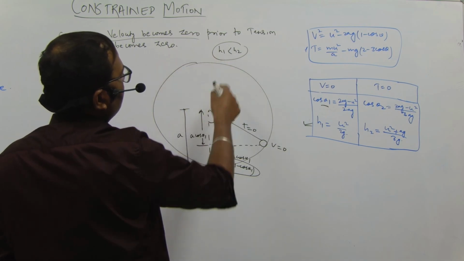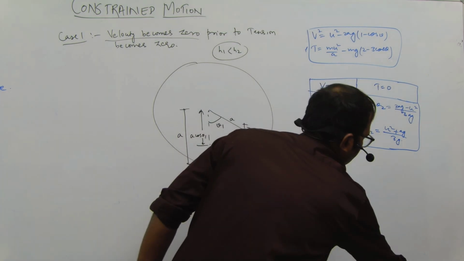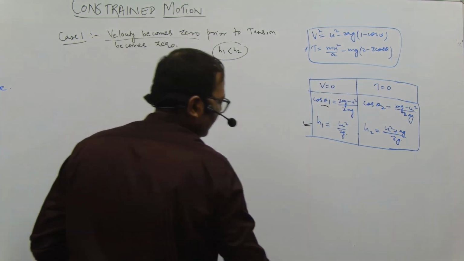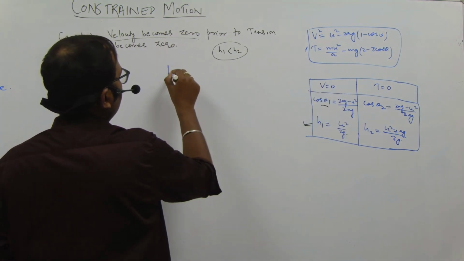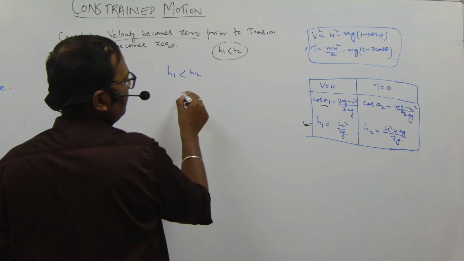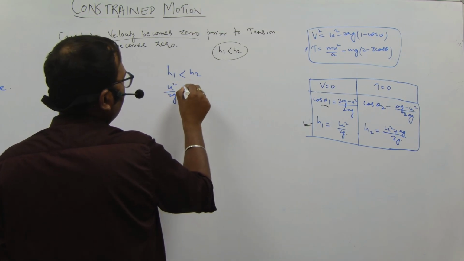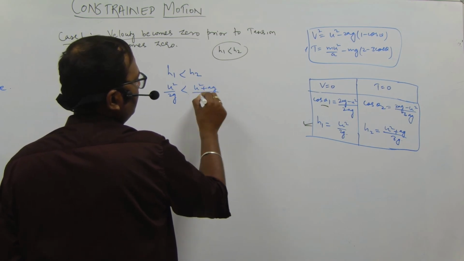Hence h1 will be less than h2. So let us do the calculation with respect to h1 less than h2. So we have u square upon 2g less than u square plus ag upon 3g.